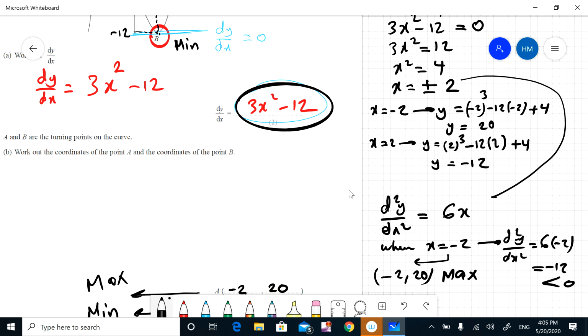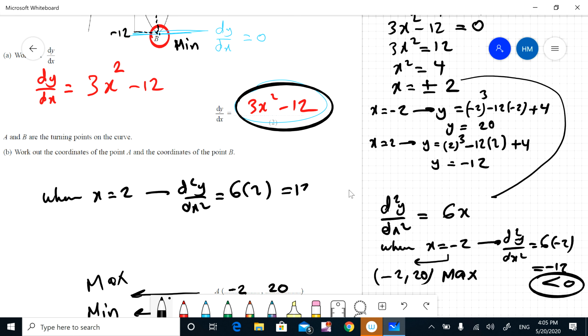Why maximum? Because the second derivative is less than 0. But if you substitute x is 2 in the second derivative, d squared y over dx squared is 6 times 2, which is 12, and 12 is bigger than 0. So 2 and its image, which is negative 12, is a minimum because the second derivative is greater than 0.